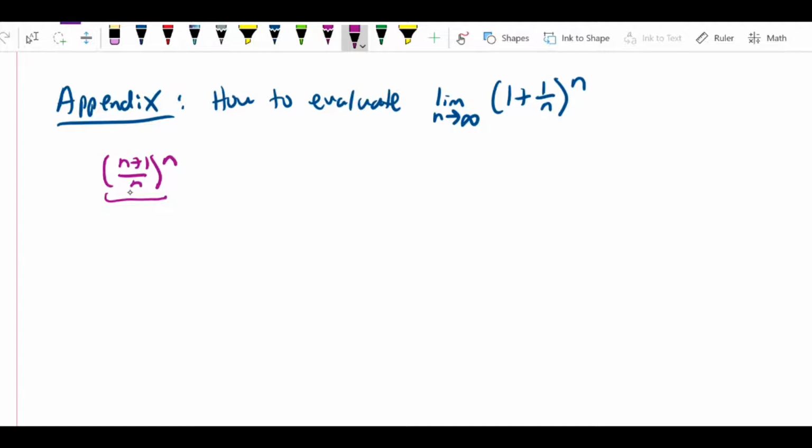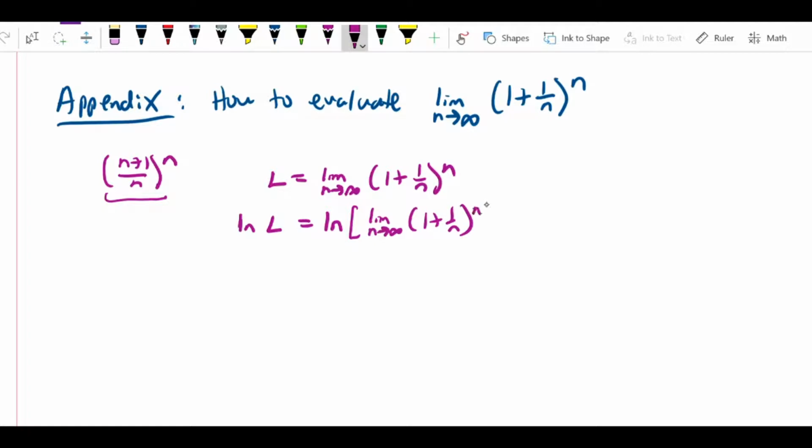L'Hopital's rule. So the way you do this is we write that L is equal to the limit as n approaches infinity of (1 + 1/n)^n. We then take the natural log of both sides, giving us ln L is equal to the natural log of the limit as n approaches infinity of (1 + 1/n)^n.